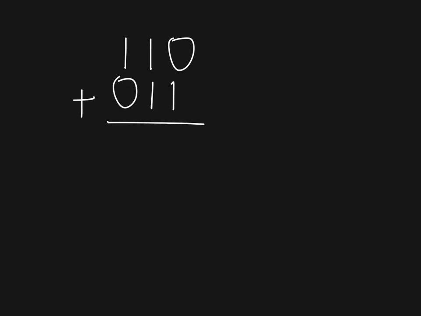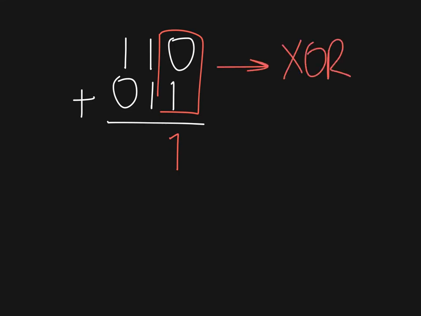So let's have a look at a very simple addition. We've got 1, 1, 0 plus 0, 1, 1. Now, when we go through this process, we start with this column here. 0 plus 1 gives us 1. Now, that operation can be carried out by an XOR gate for this one here, or an OR gate.